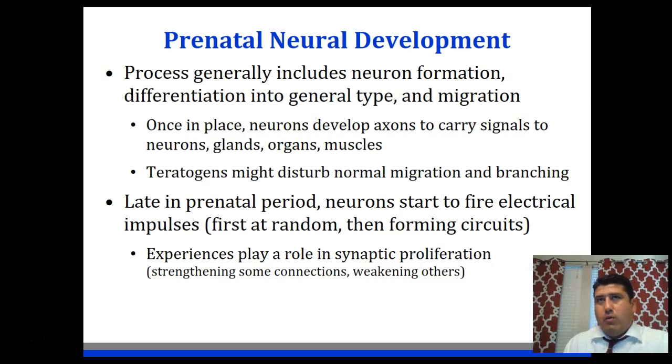Let's remember Newell's model of constraints. In order for a muscle to contract, there are several systems that have to be prepared. So obviously the muscular system, the skeletal system, and then the nervous system.